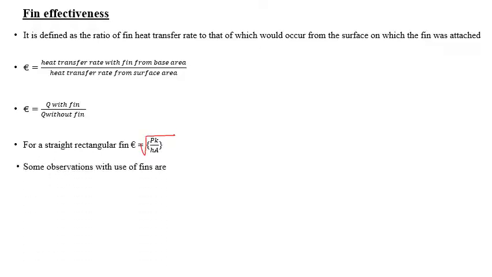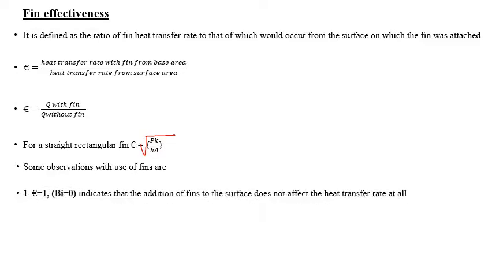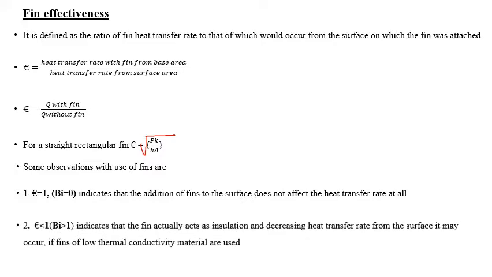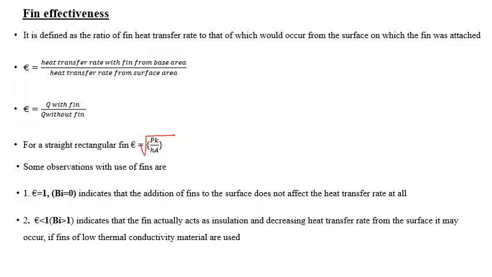Then another observation: effectiveness equal to 1 indicates that addition of the fin to the surface does not affect the heat transfer rate at all. Effectiveness less than 1, or Biot number greater than 1, what is given inside is the Biot number.